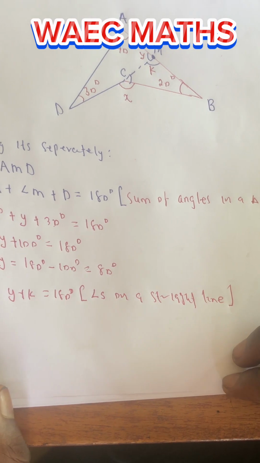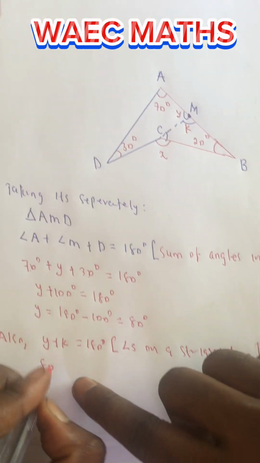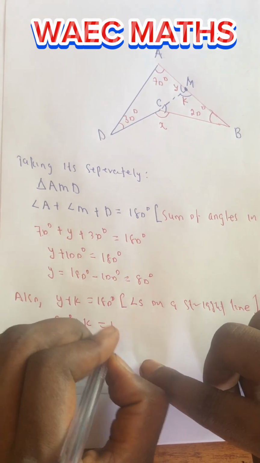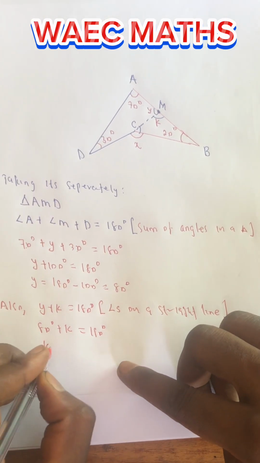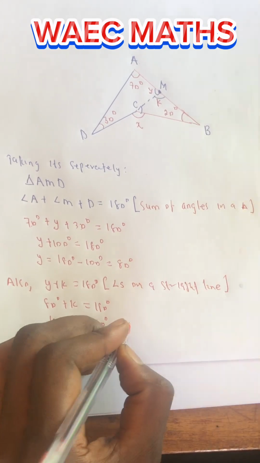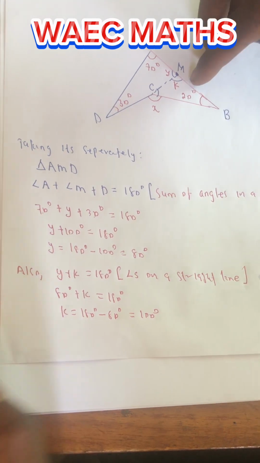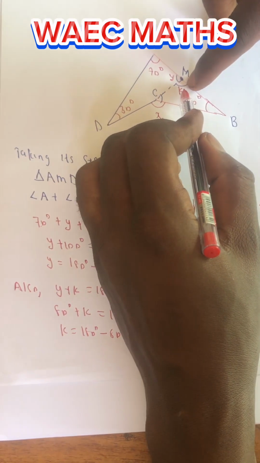Now, this is 80 degrees plus K is equal to 180. Our K is 180 degrees minus 80 degrees. That will give us 100 degrees. So the angle at this point is 100 degrees.